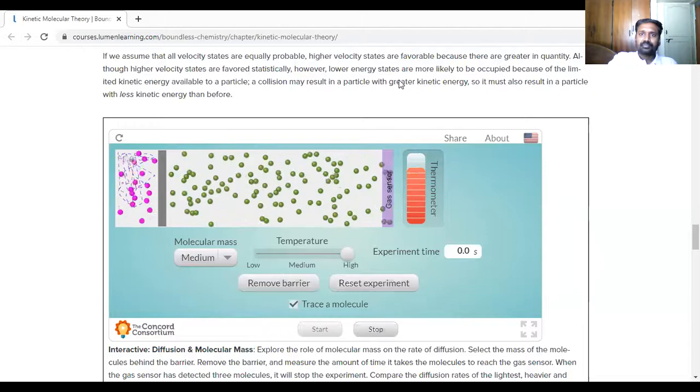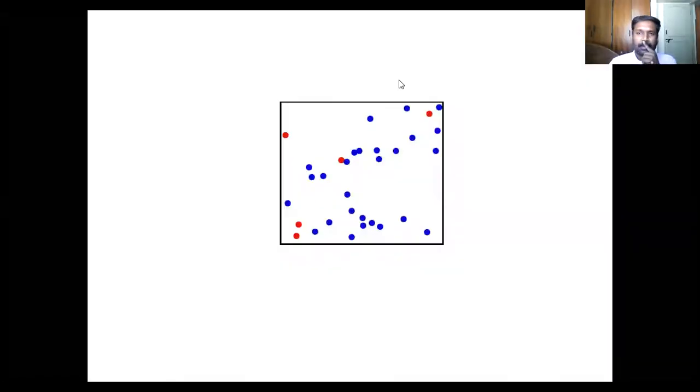So after these visualizations, what is the thing which comes to our mind? Two things. One, the individual gas molecule, or okay, simple. All gas molecules do not move with the same velocity.